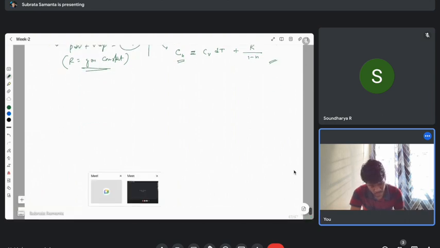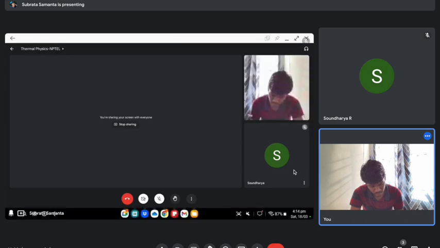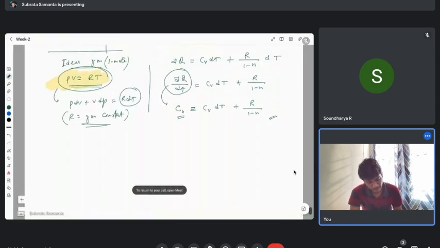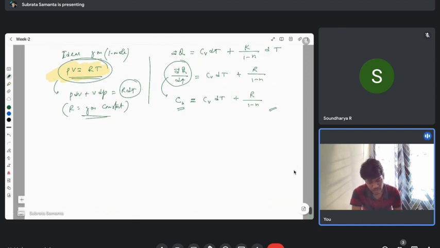Now, for an ideal gas, you know that Cp minus Cv is R. So you put Cv plus Cp minus Cv by 1 minus n.